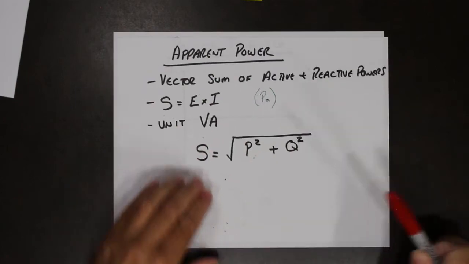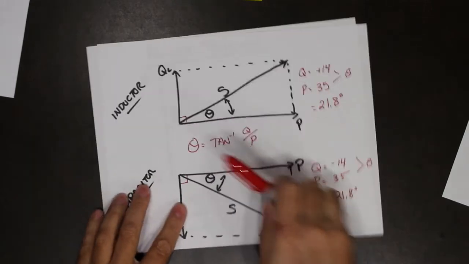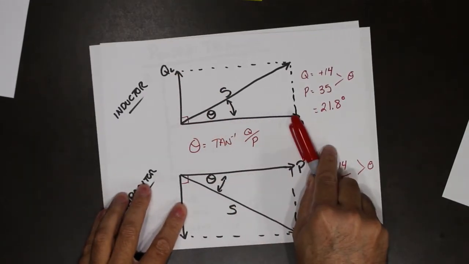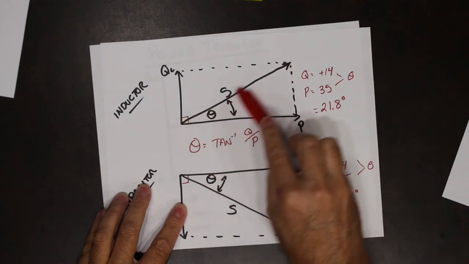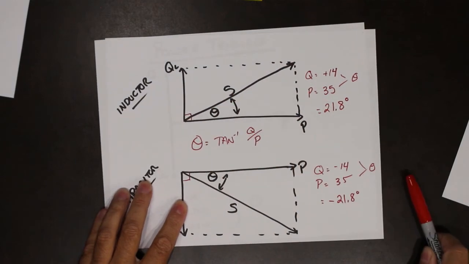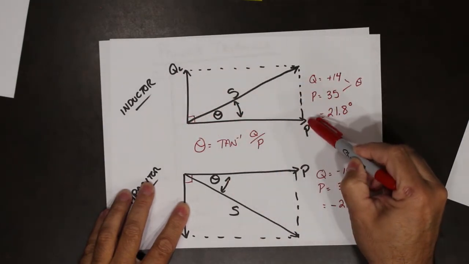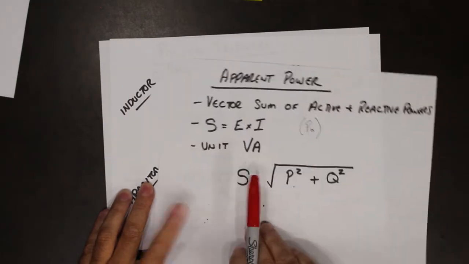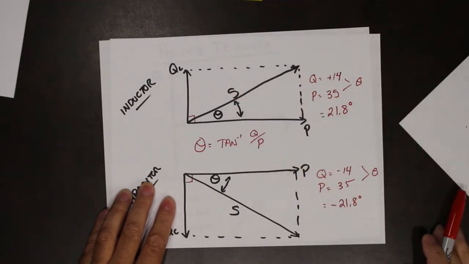Why Pythagorean's theorem? Because these are right-angled triangles, and Pythagorean's theorem calculates. So based on these values in Pythagorean's theorem, we can calculate apparent power.